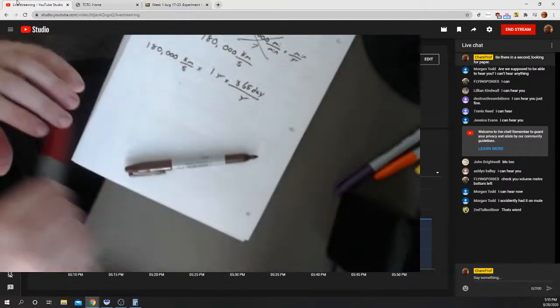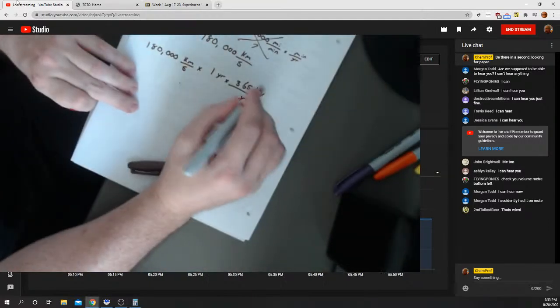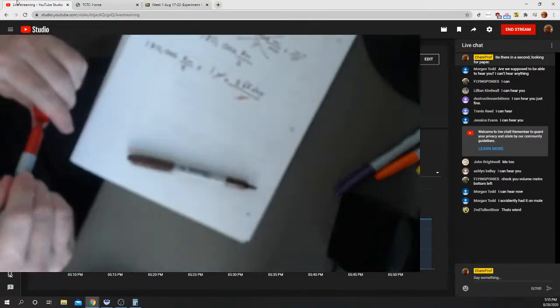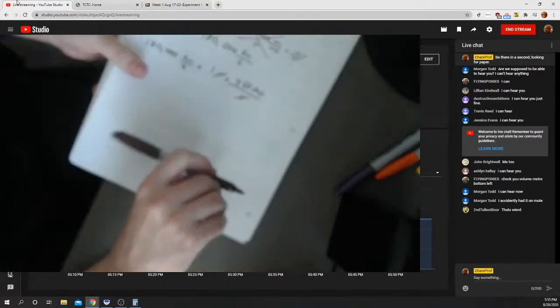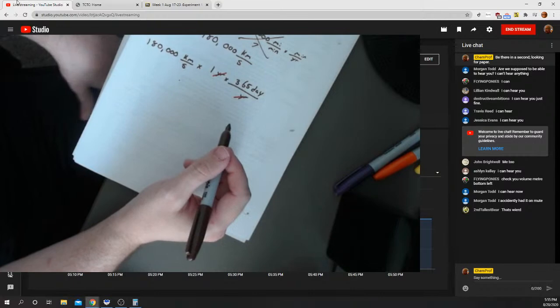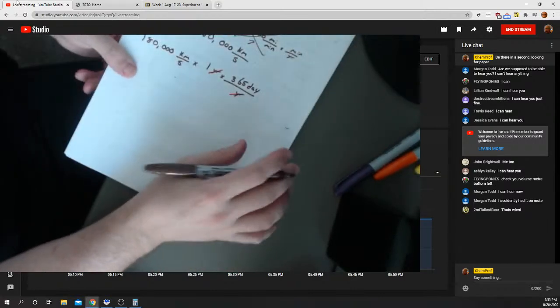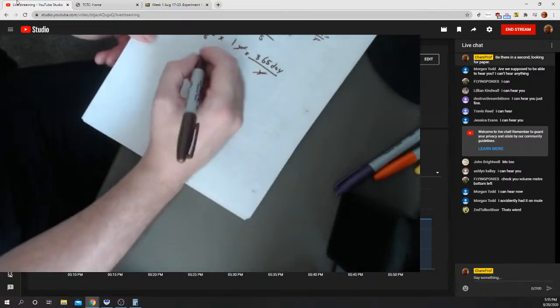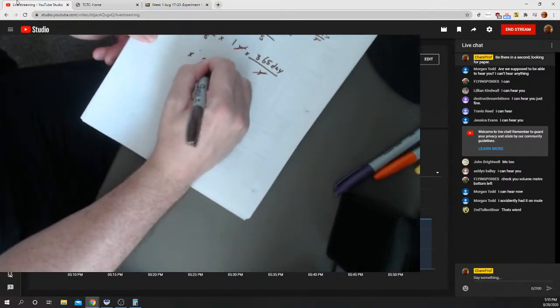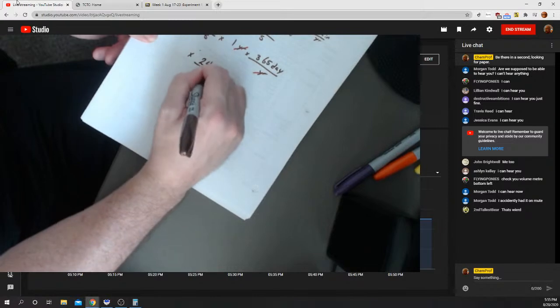Okay. So that means that years cancel out. Year divided by year is equal to 1. The units cancel out. But that still doesn't get us where we need to go. So we multiply by 24 hours in a day.